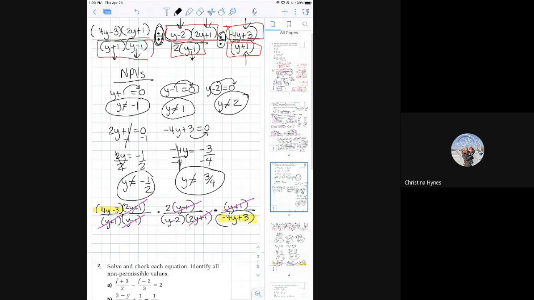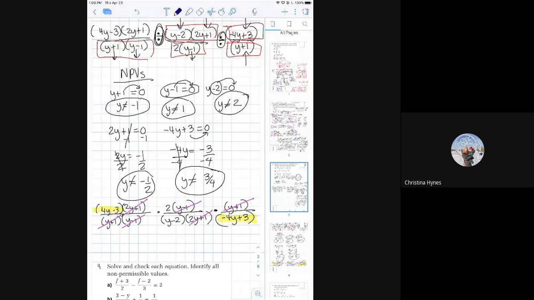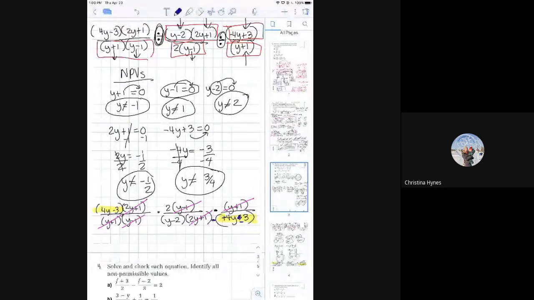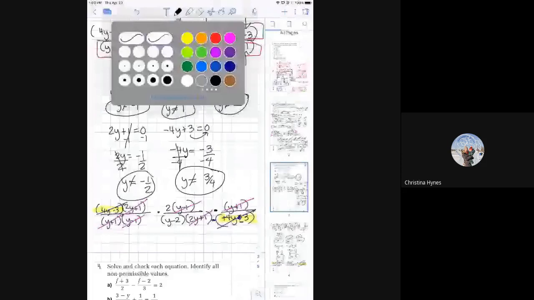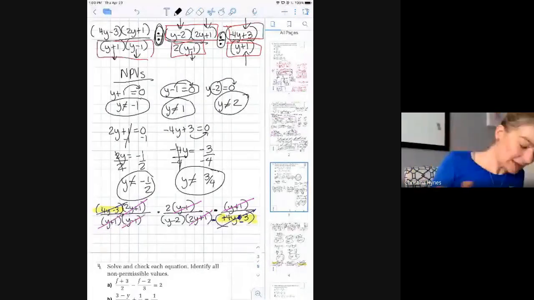So in this case, I'm going to factor out a negative sign by putting it in front of the bracket. And the reason I do that is now I can cross this off with this. They're actually going to be identical if I take out that negative sign. Okay, so that's an important trick that I want you guys to remember. You're going to see that happen a lot in 30-2 especially.